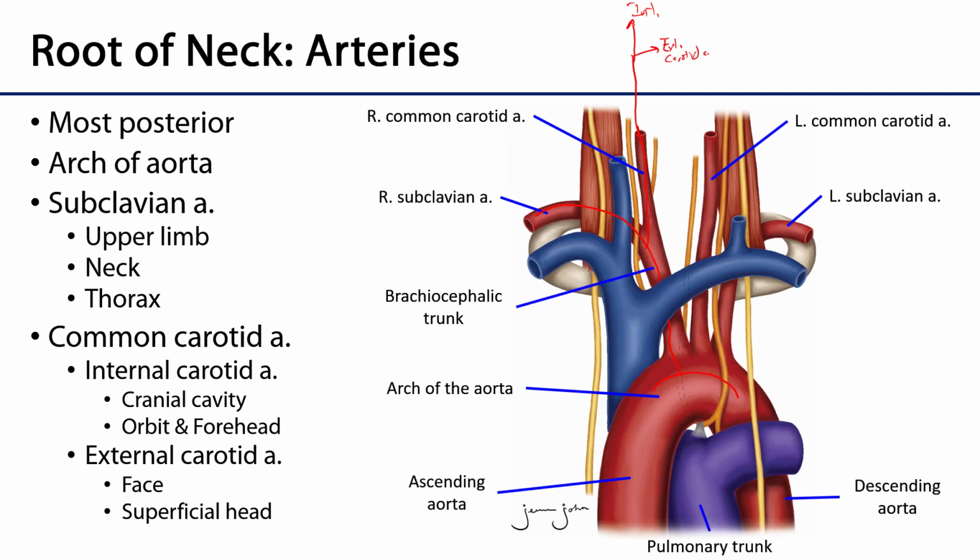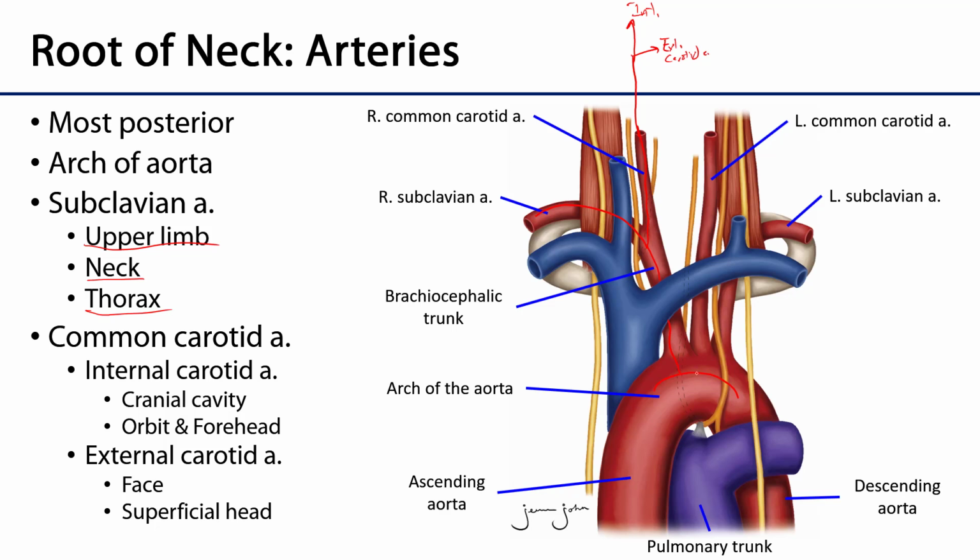The subclavian artery is going to serve predominantly the upper limb. It's also going to have branches which serve the neck as well as the brain and spinal cord, as we'll see. And also the thorax. So that does quite a bit for us. So there's this asymmetry with the brachiocephalic feeding into the right common carotid and right subclavian arteries.